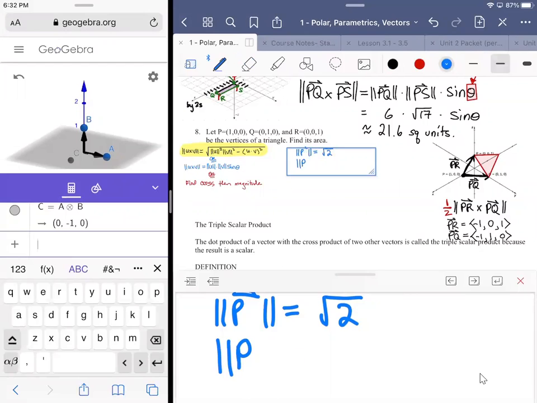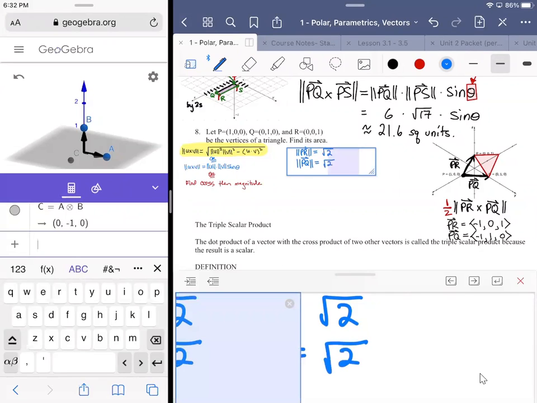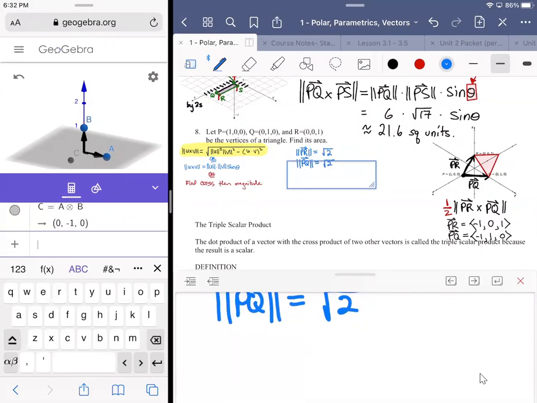It turns out the PQ is going to be radical 2 anyway, but for consistency. So -1 squared is 1, 1 squared is 1, 0 squared is 0. Add them up, I get a radical 2. And I get a 2, but under a radical. Then I'd be looking at each of those values squared, which I'll get to in a minute.